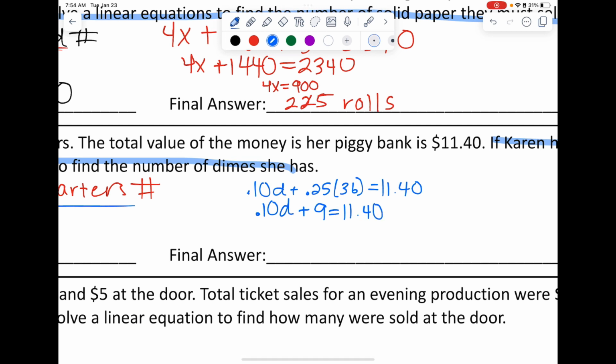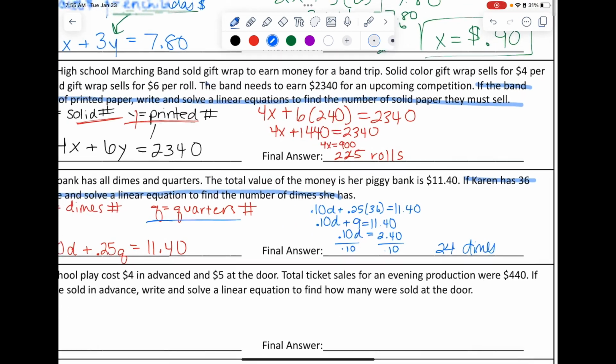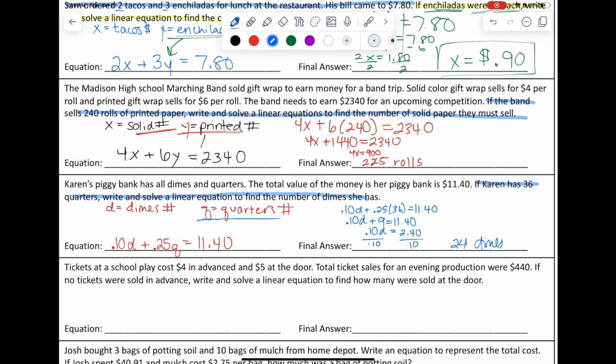Subtract that 9 over to get 0.10 D is equal to 2.40, and divide by 0.10 to get the number of dimes to be 24 dimes. Reread the question to make sure that makes sense. Write and solve a linear equation to find the number of dimes she has: 24 dimes.